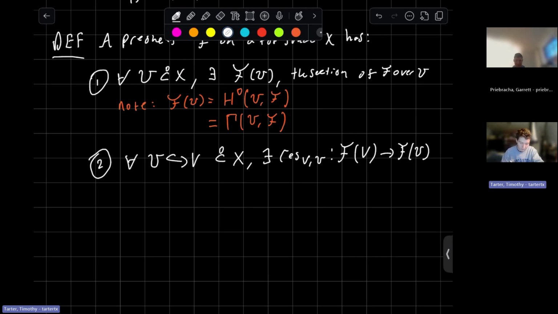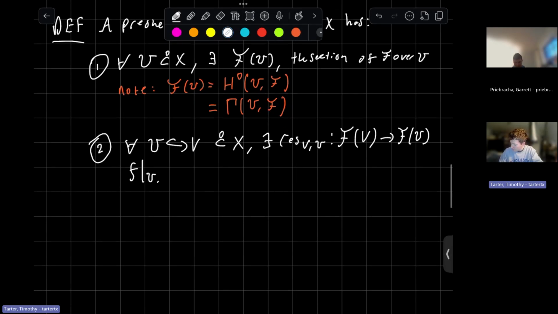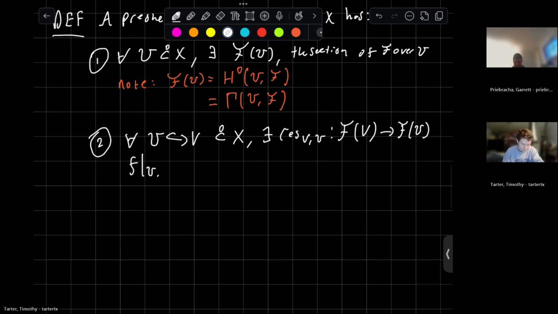Oftentimes we're going to write this as just F restricted to U. As a subpoint of this, res_UU is the identity on the sections over U.